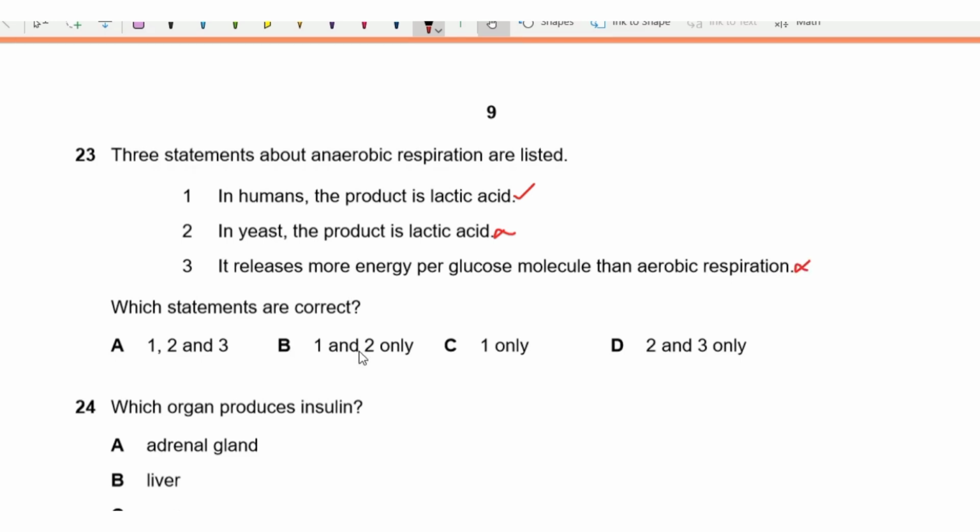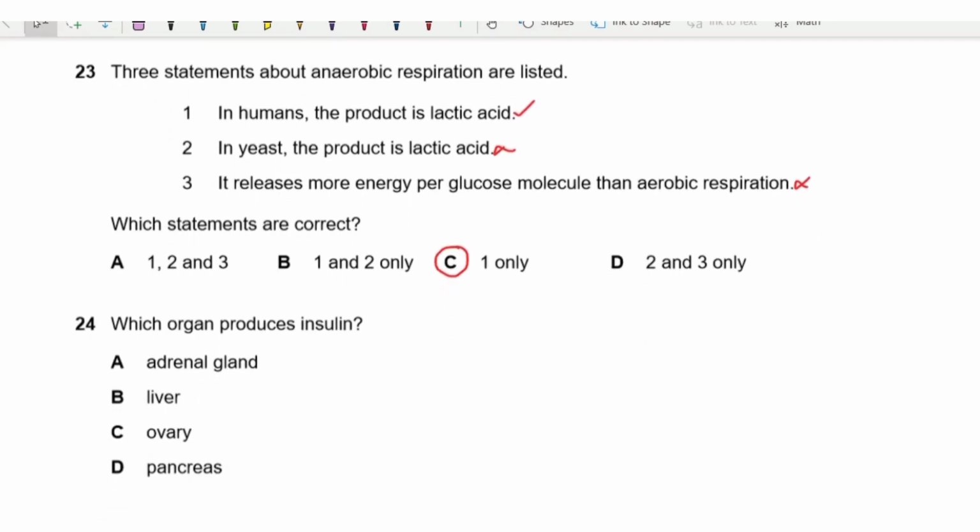So automatically from the options, 1 only is our correct answer. So in humans the product is lactic acid. So from here we'll move to question 24.